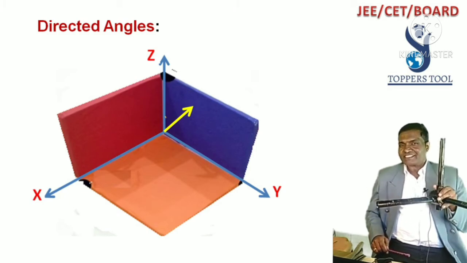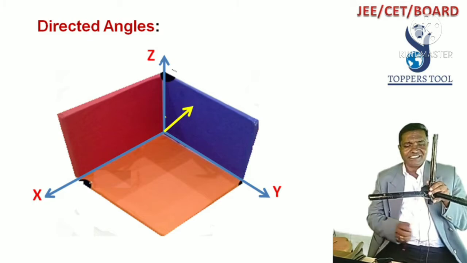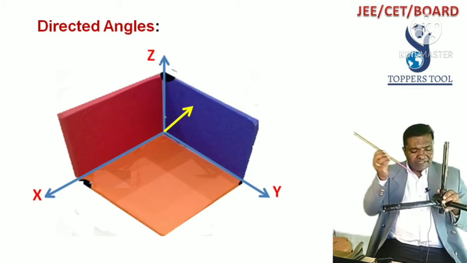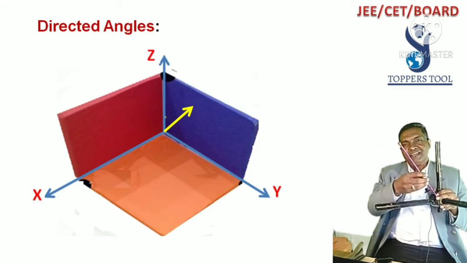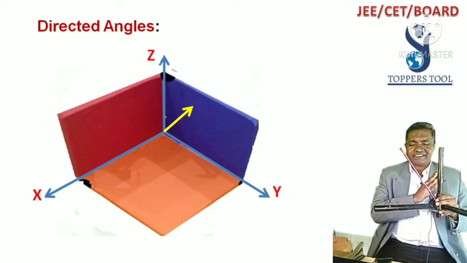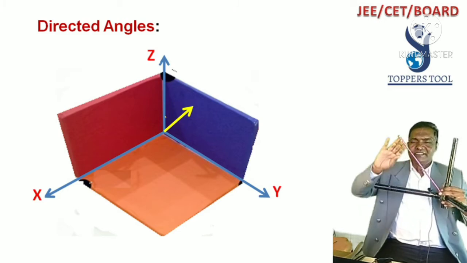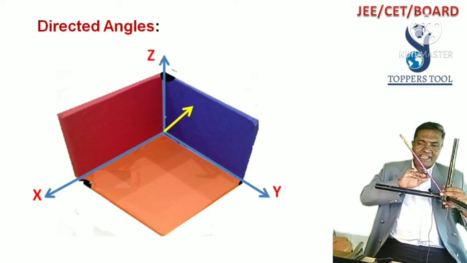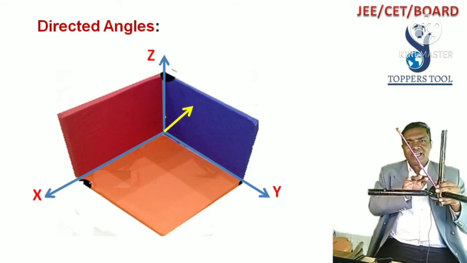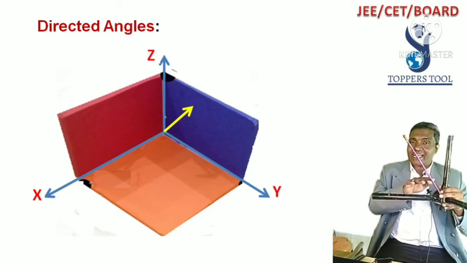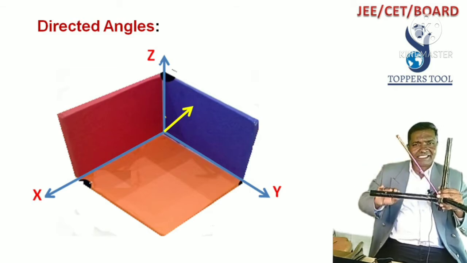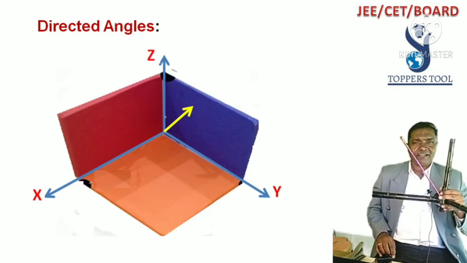Here is a coordinate axis. This is your x-axis, this is your y-axis, this is your z-axis. Now suppose a line makes certain angles with the x-axis, y-axis and z-axis. This is a line making a certain angle with the x-axis, and we call this angle alpha. The angle between the line and the x-axis is called alpha.